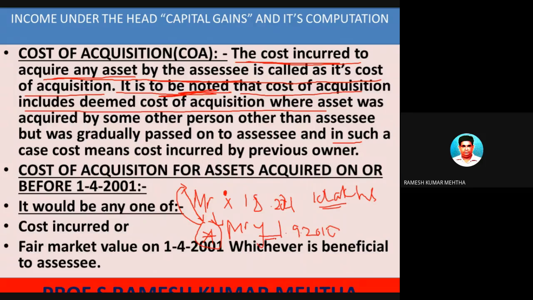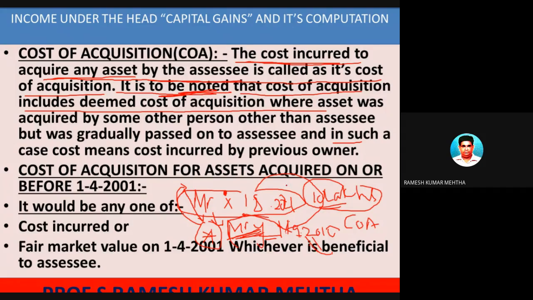But in case of Y, he has not acquired or purchased it, but he is getting it as a gift from Mr. X. So in this case, the cost of acquisition in the hands of the person who is acquiring it and subsequently selling, Mr. Y, is this 10 lakh rupees. So it's not like Mr. Y is acquiring it. Mr. X has already acquired it, and the acquisition price of 10 lakh rupees will become the acquisition price in the hands of Mr. Y, who is subsequently selling this particular asset.